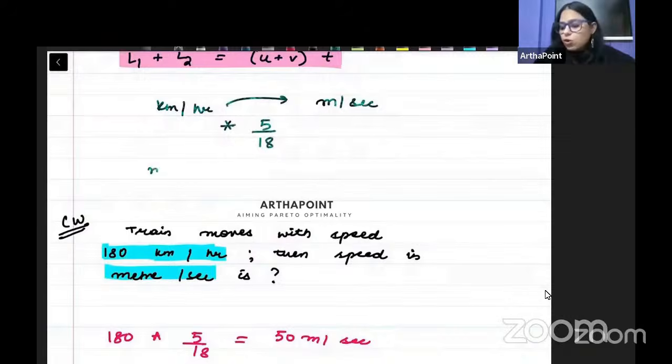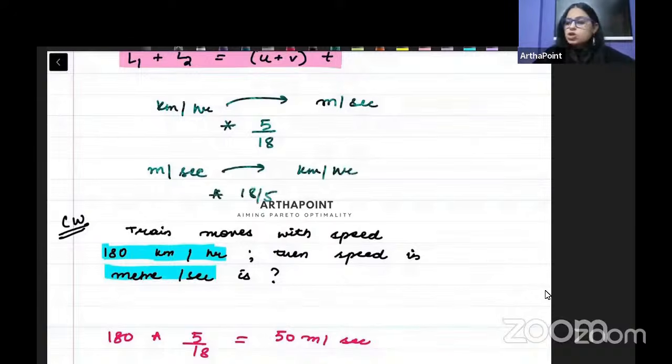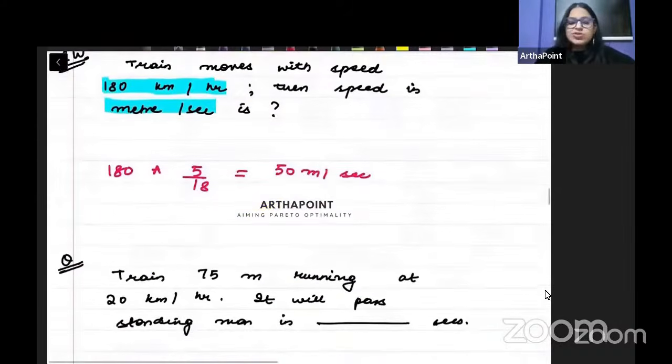And if you want to go from meter per second into kilometer per hour, you multiply with 18 by 5. So whenever you go from kilometer per hour to meter per second, multiply with 5 by 18, and whenever you go from meter per second to kilometer per hour, multiply by 18 by 5.